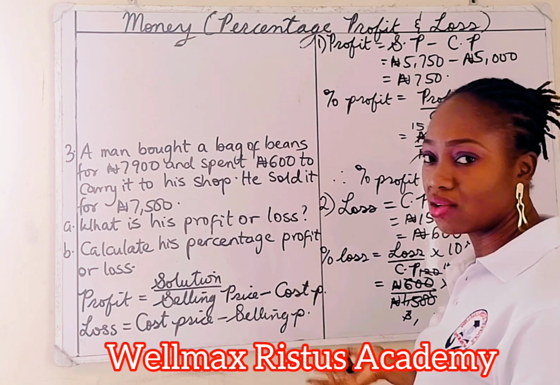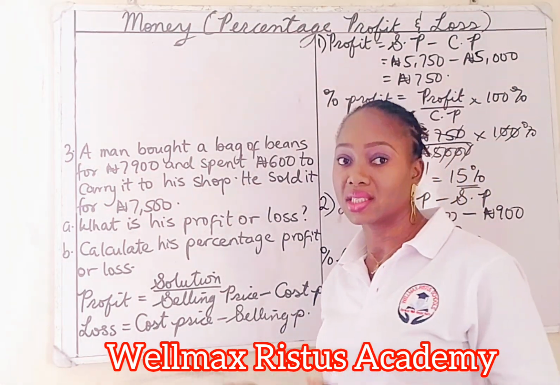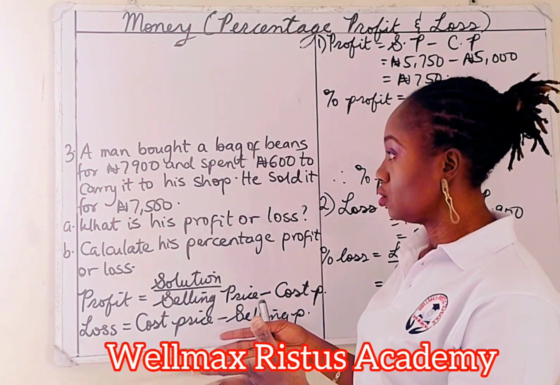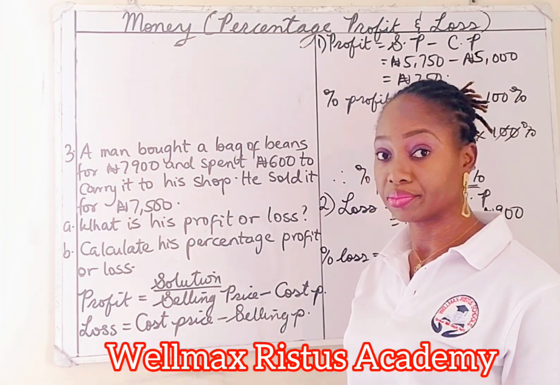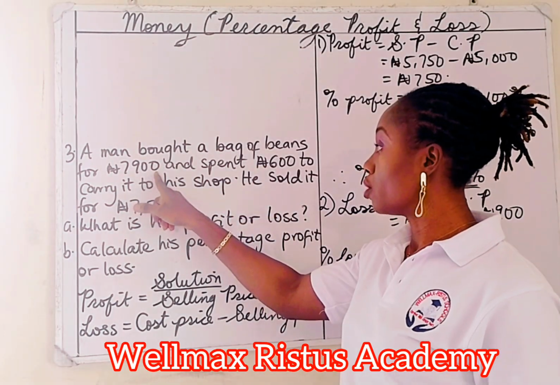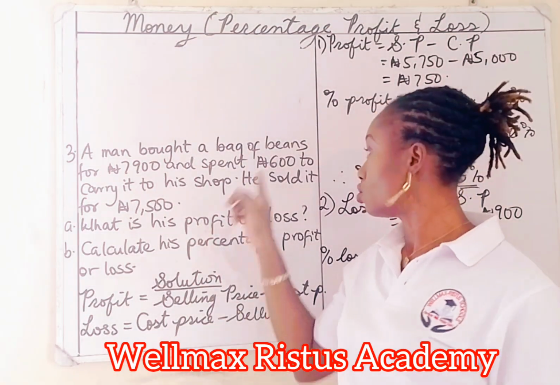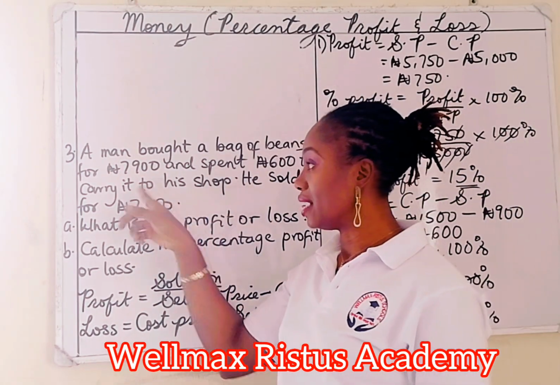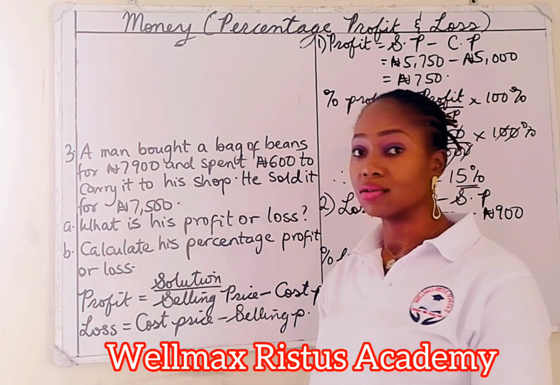Now after buying a bag of beans for 7,900 and then using 600 naira to convey that bag of beans to the shop, that means the cost price is already what? 8,500. Because you need to add the cost of transportation from where your goods are to the shop. So when you add these two together, you have what? 8,500 naira, and that is the cost price. Then it was sold for 7,500.